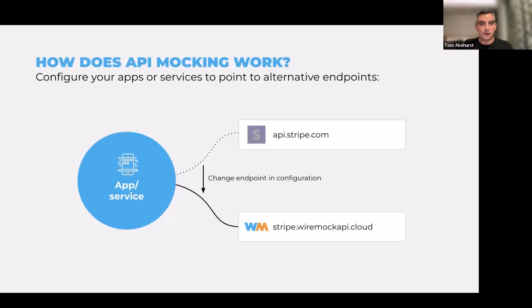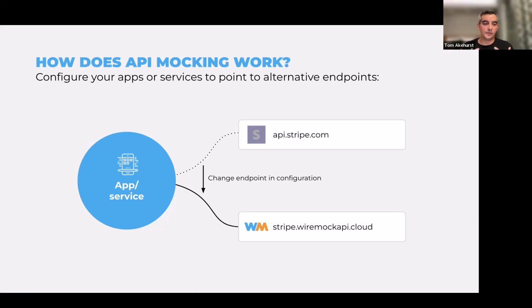Where are we? Okay, so just very quickly, how does it work? Essentially, our app service talks to an API. The API has a base URL, a domain name that it talks to, and we're substituting that in our application's configuration. So instead of talking to api.stripe.com, we're going to talk to our mock of api.stripe.com.